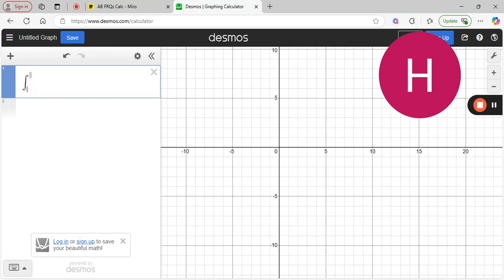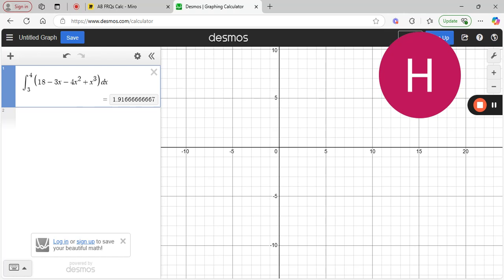We have the integral from 3 to 4 of 18 minus 3x minus 4x squared plus x cubed. And we have to put this in parentheses because it needs to understand that all of this is the integrand. And there we go, 19.166.